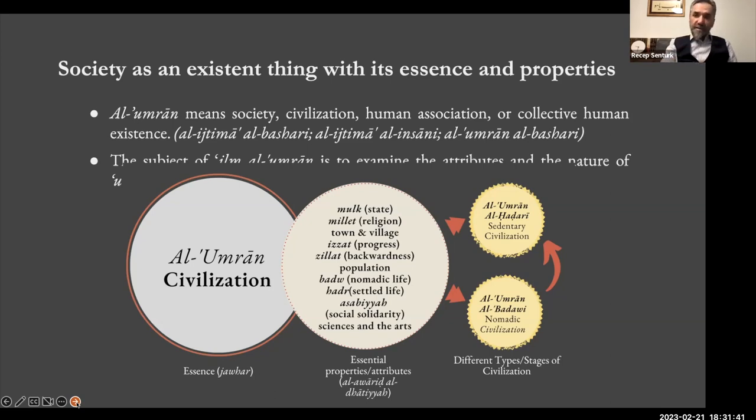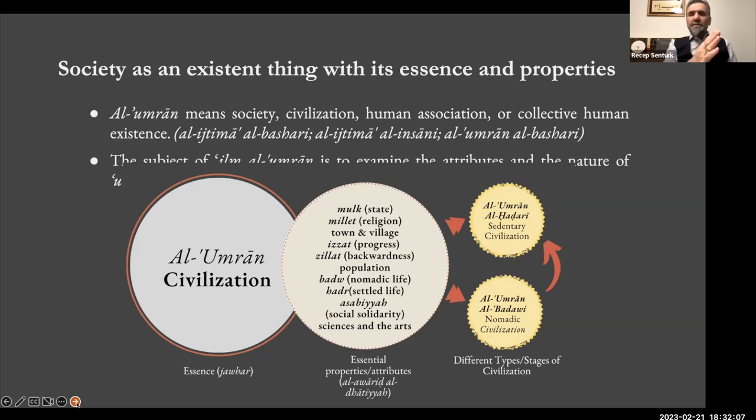And people who live in the city, they also have politics, economics, but in a different way. So why are these two different? And also sometimes nomad people move into the city, they become urbanized. So this is also a very important change which needs to be studied by Ilm Umran.